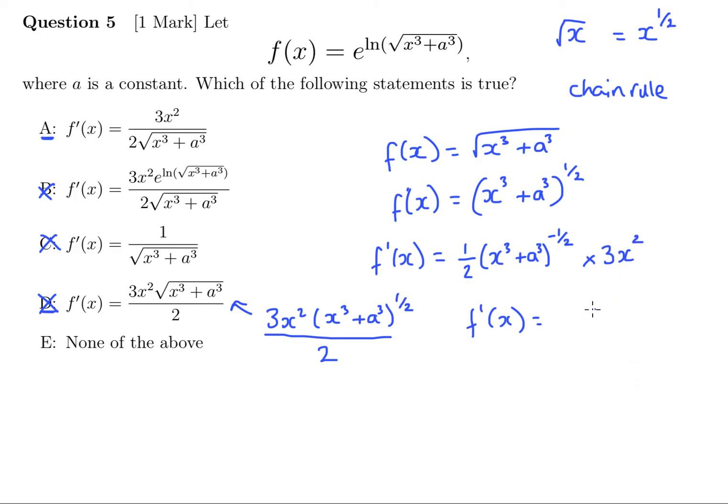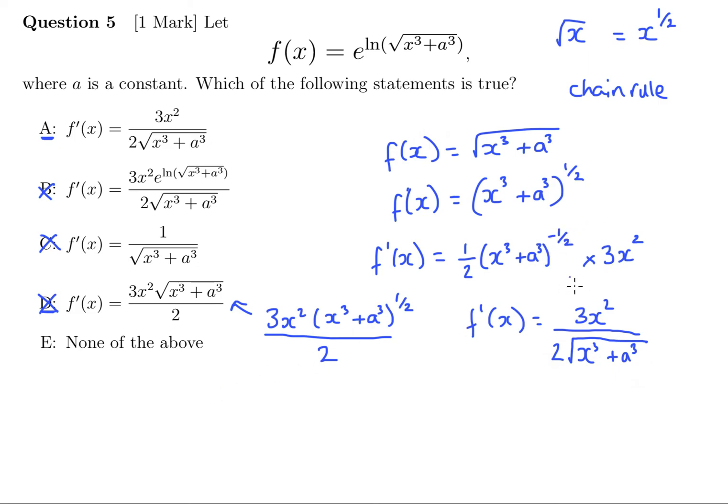I've got a 3x squared on the top. I've got a 2 on the bottom. And this negative power here makes it go underneath a fraction. And we've got the half as well, from the same as before. So that will be x cubed plus a cubed, but on the bottom of a fraction with the square root because of the half.